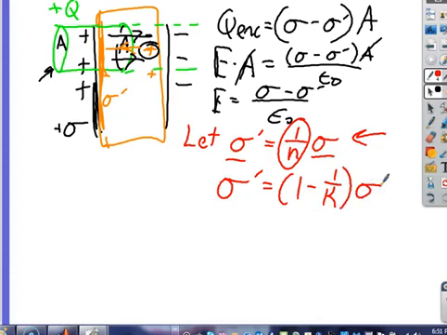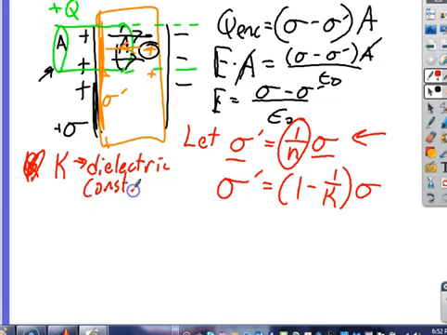I'm going to say that I've got sigma prime equals 1 minus 1 over kappa times sigma, where kappa is actually the dielectric constant. So kappa is, it's a terrible kappa, kappa is dielectric constant, okay? This is a case where things will hopefully make sense at the end.